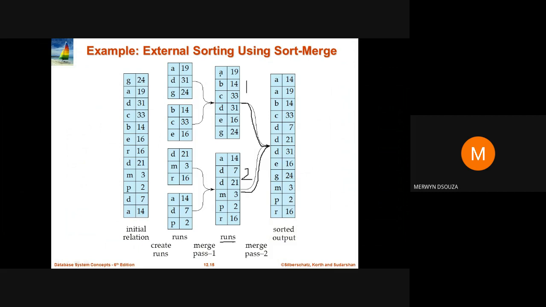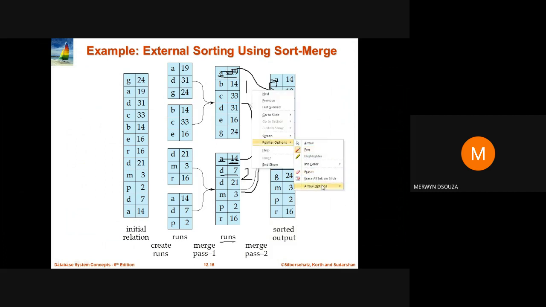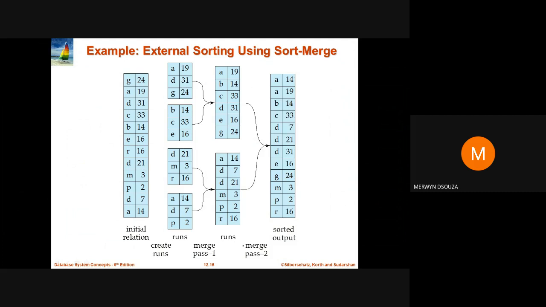So A will be compared with this A. Now this A has the second as 14, so this goes into the output as you can see here. When this goes into the output, D is fetched and compared with A. A is less than D, so this A goes into the output and so on. This is how the merging is done.